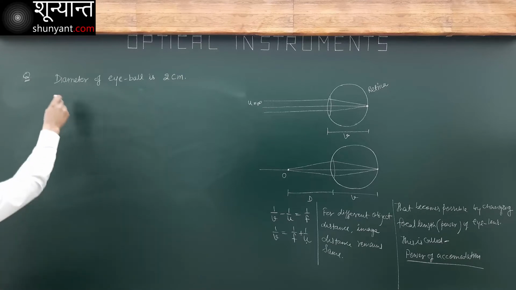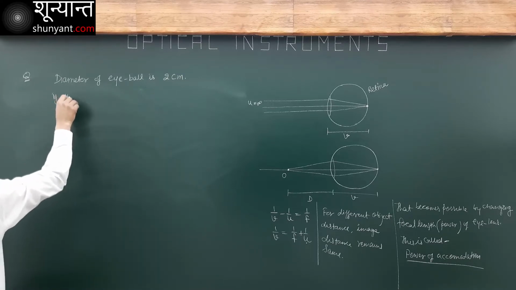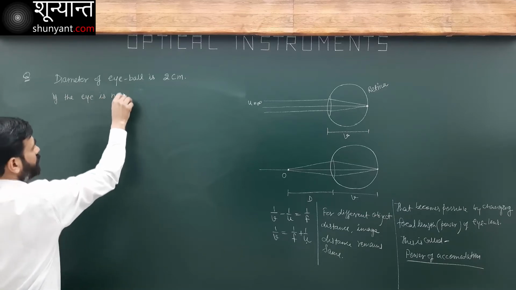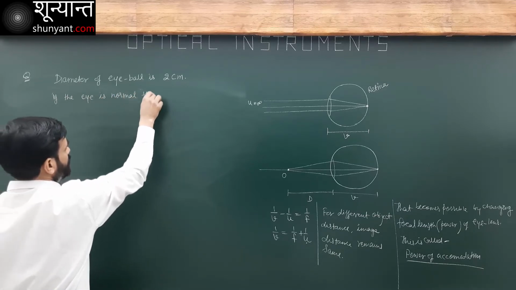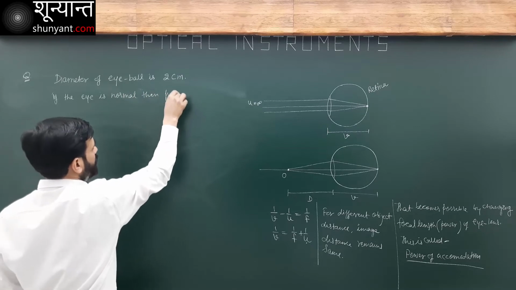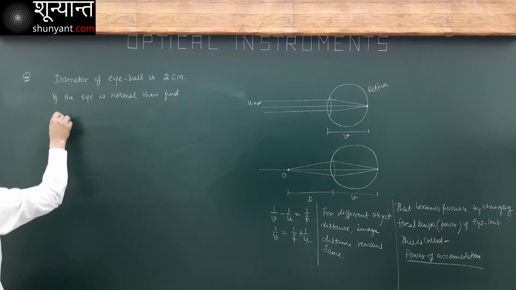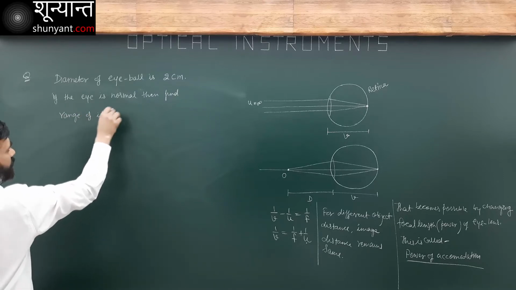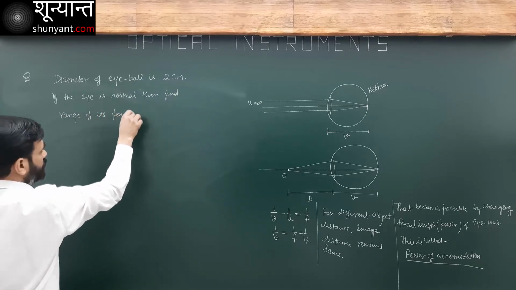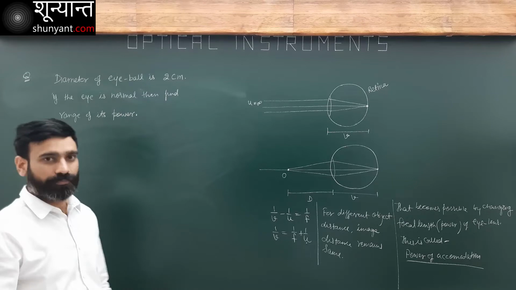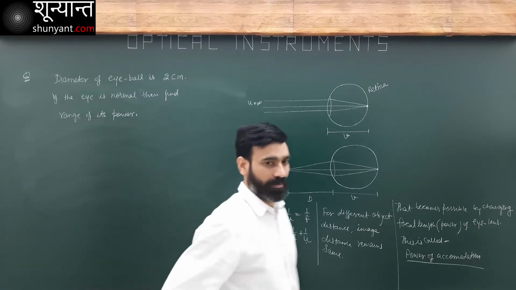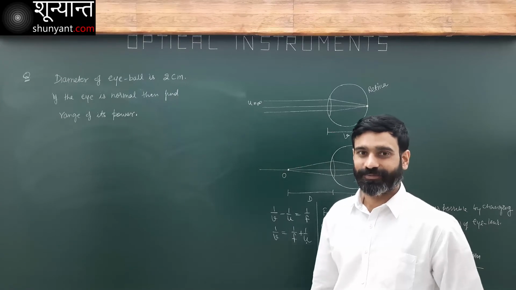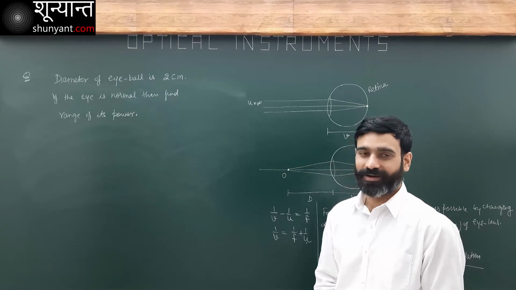If the eye is normal, find the range of its power. In what range does the power of the eye lens change? Can you find it? How can you find it?